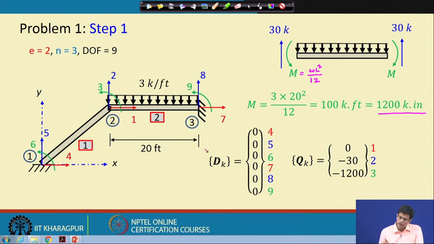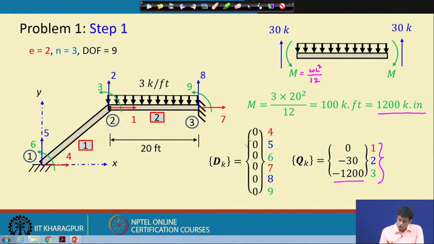So here at this node there is only applied force, and these applied forces are 0, minus 30 and minus 1200. So these, 1, 2, 3, are my non-zero, or the active force vector.